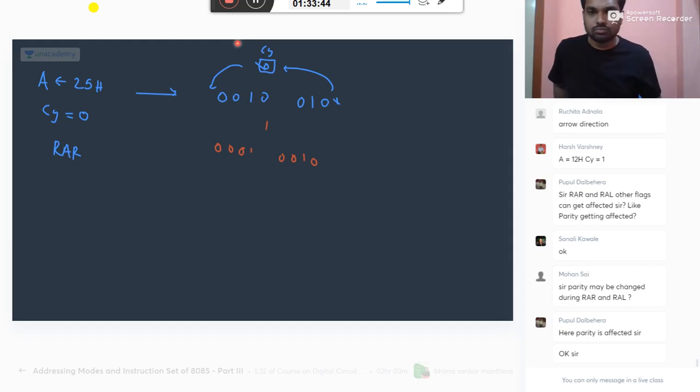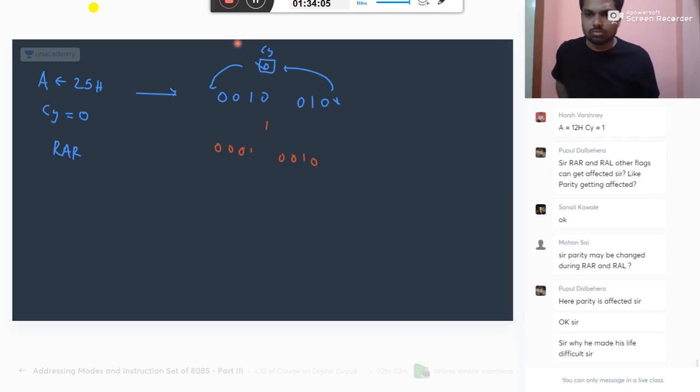You are not doing any arithmetic operation here. He didn't make his life difficult, he made our life difficult. According to application, he will do. So firstly, please tell me, do you understand the rotate operation, yes or no? The simple way is remove here, keep it here. That's all.